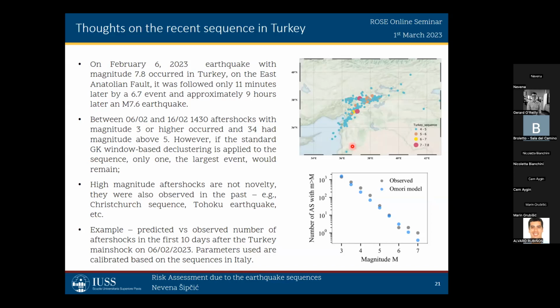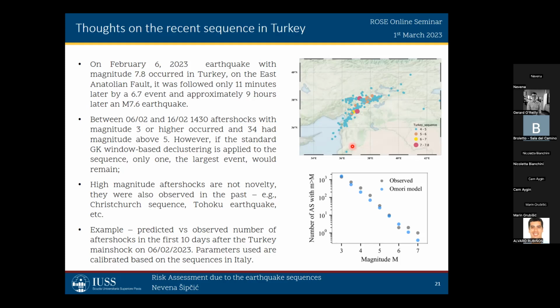As an example, I'm using here the Omori law, which is used in the IUSS model in the productivity part. I'm using the parameters that were actually calibrated based on the data that we have for Italy. I use this model to see the expected number of aftershocks 10 days after the main shock event in Turkey, and I'm comparing it with what was actually observed.